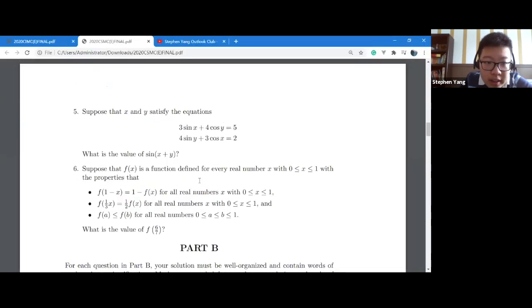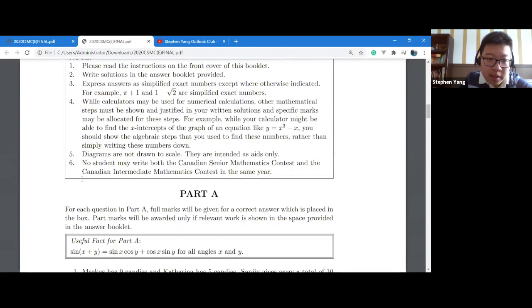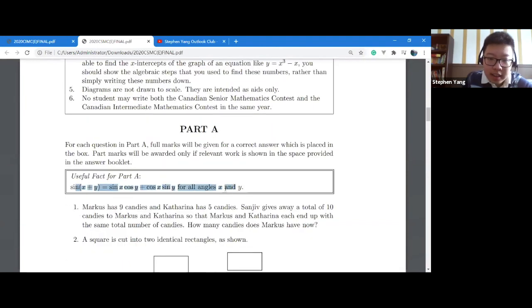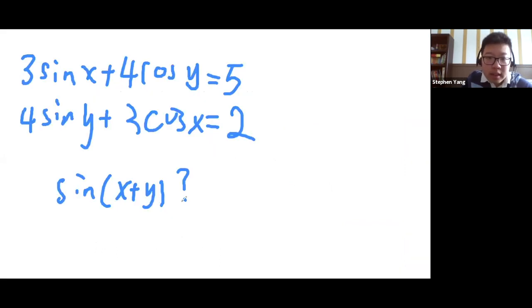Now there's a fact that sine of x plus y is equal to sine x cosine y plus cosine x sine y. I'll also write that in here.